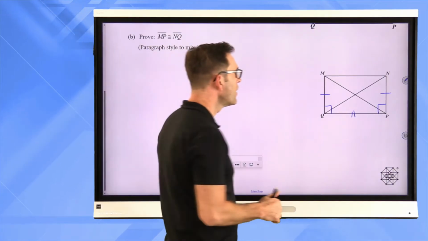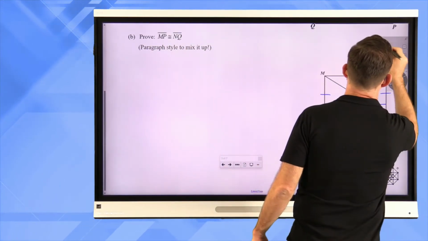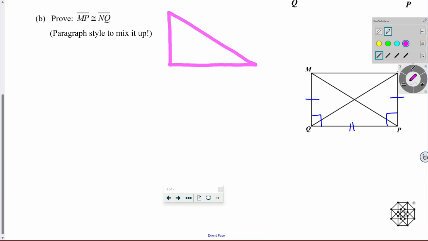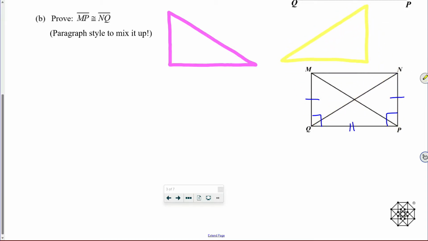Why does that matter? Well, let me go with a highlighter here really quick. If I highlight this particular triangle, and let's highlight another one in yellow, what I have just done is marked up my diagram like this.